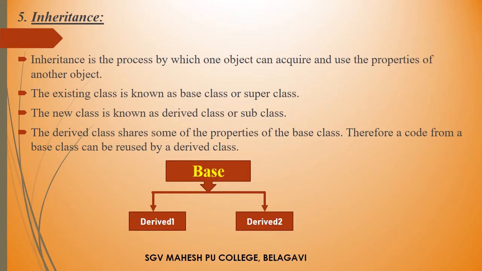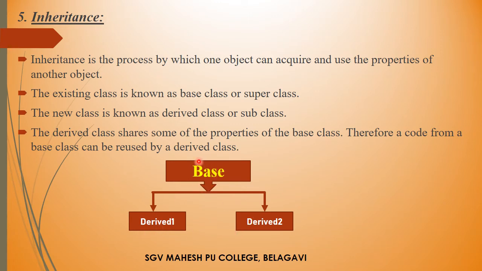Now what is inheritance? Inheritance is the process by which one object acquires the properties of another object. Whenever we use inheritance, we create a base class and a derived class. If you look at this diagram, this is a base class and this is a derived class. Now what's the difference between base and derived class?